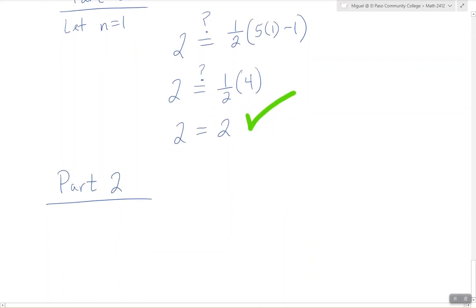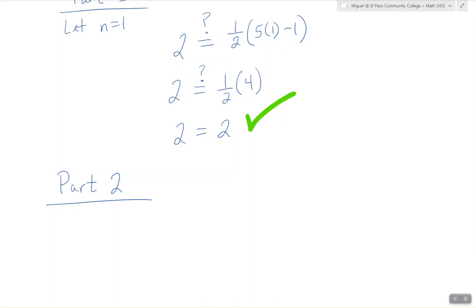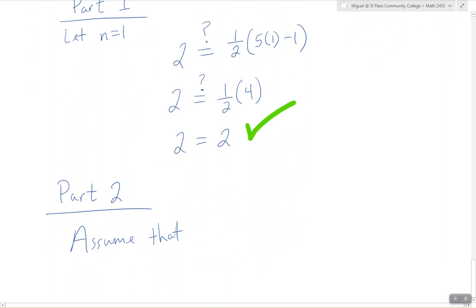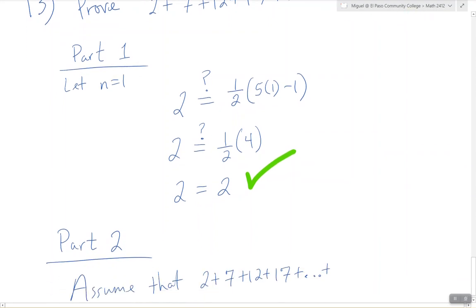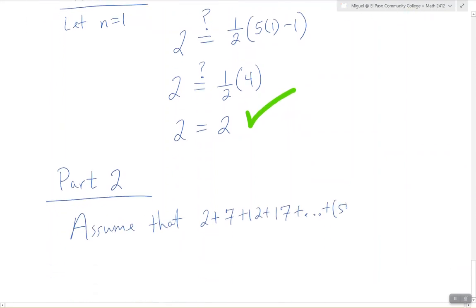So we will use k, right? So we're going to assume what they gave us is true, but we're going to write it with k's. Assume that 2 plus 7 plus 12 and so on, plus 5k minus 3, plus one more term, so that's going to be 5 times k plus 1 minus 3.